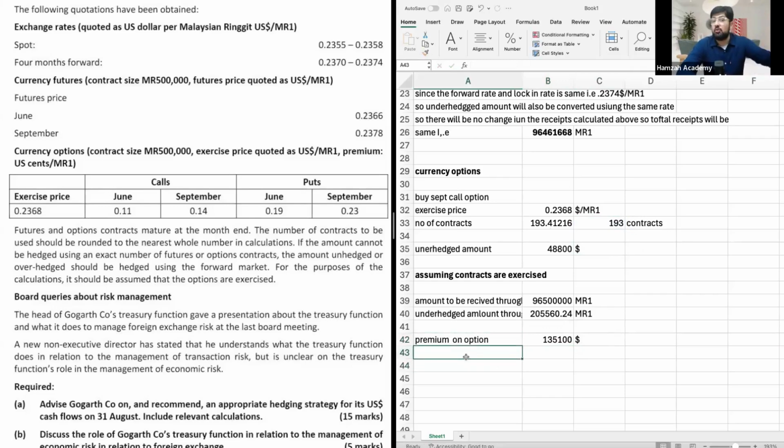Now, because their home currency is ringgit and the premium has to be paid in advance, it is paid at spot. So the premium in MR1 is converted by dividing by 0.2355, since they have to pay more, so divide with the smaller rate.